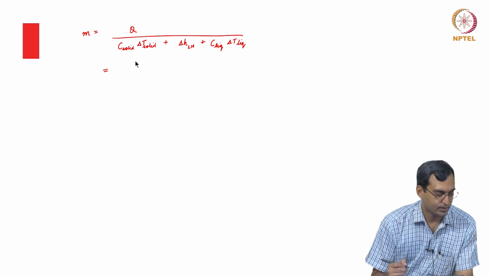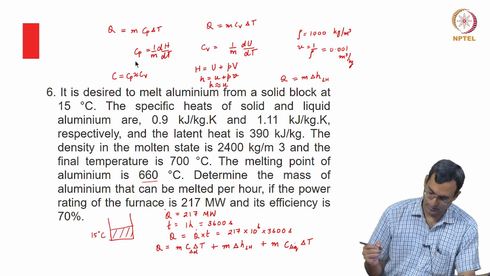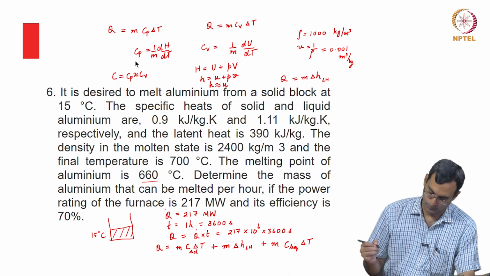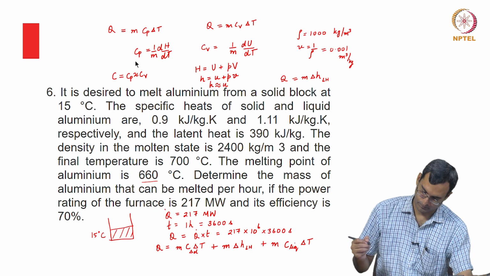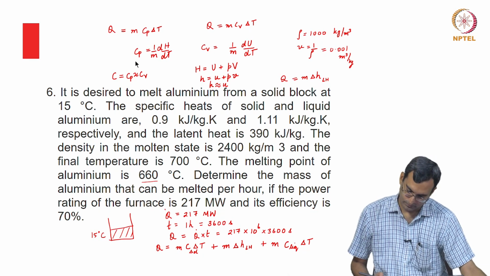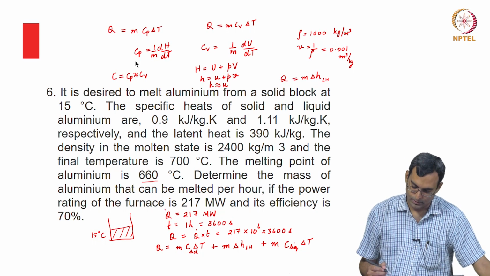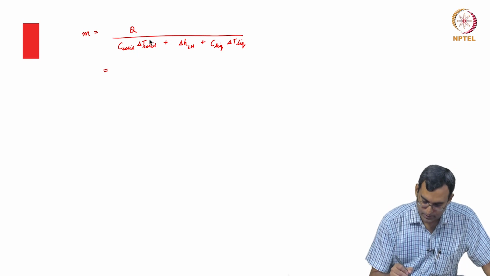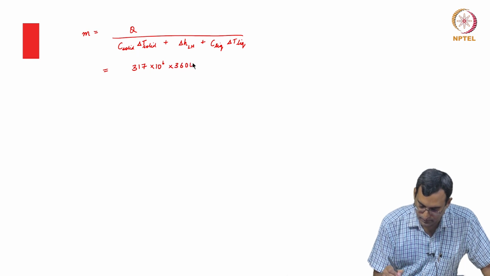The heat transferred which I had is essentially 217 megawatts for 1 hour. I also need all of this other information. So, the initial temperature, okay, this is 317 into 10 power 6 into 3600.